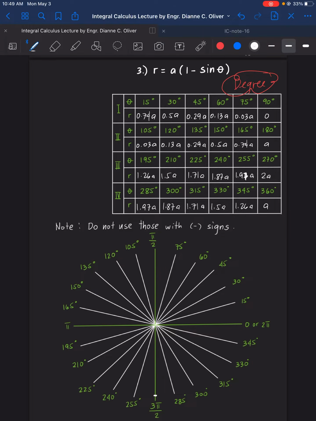At 105, okay, so at 15, 0.74, so we have a point.